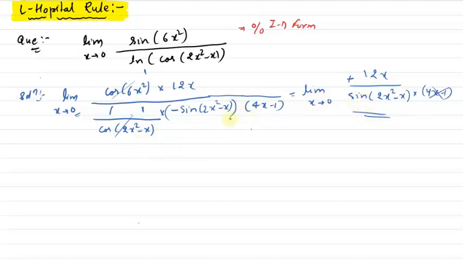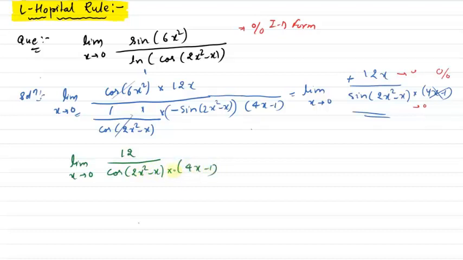Now again, if you apply x tending to 0, the numerator will be tending to 0 and the denominator also tending to 0, so again it becomes 0 by 0 form. So we can apply the LH rule again. If we apply the LH rule again, what do we get? Limit x tending to 0. In the numerator, if you differentiate 12x, we get 12. In the denominator, if you differentiate sine of 2x square minus x, we get cos of 2x square minus x into 4x minus 1.